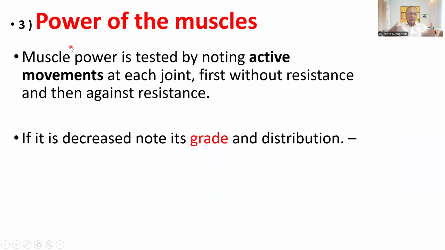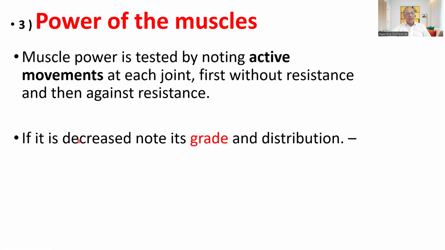Now we are going further. We want to check the power or the strength of the muscle. Muscle power is tested by noting active movements at each joint, first without resistance and then against resistance.